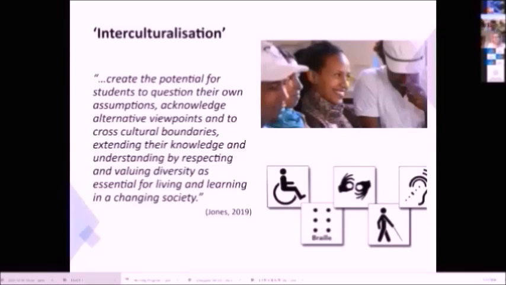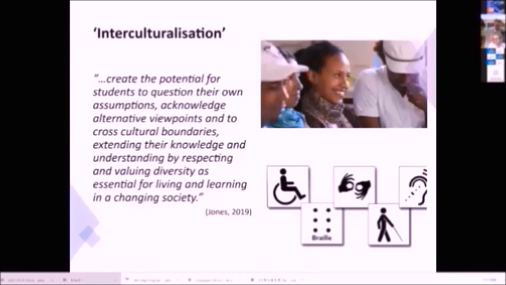And as I said earlier, helping them to see that there is no such thing as normal. It's just different. How can we relate differently to people who we perceive to be different from ourselves in whatever ways they are?